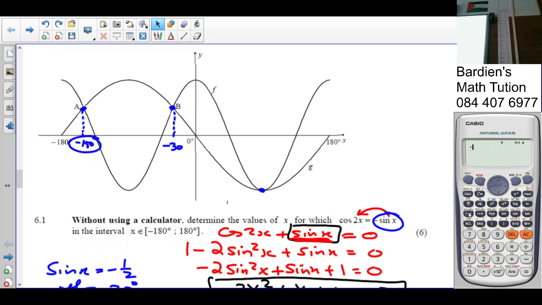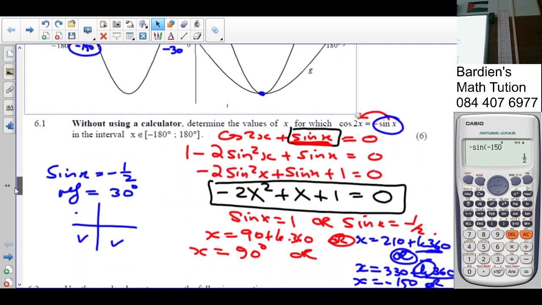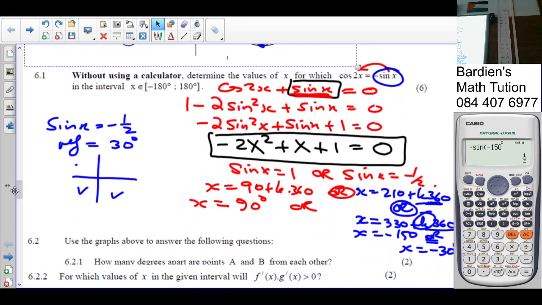It would be negative sine of negative 150, which gives you a half, or you would have got negative 30, which would also give you a half for the corresponding y value of B. But since the question says the values for x, this is what they are looking for.